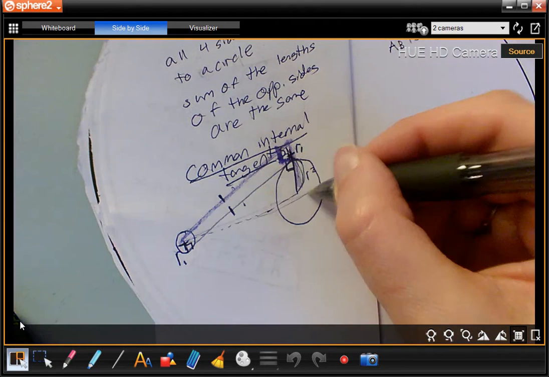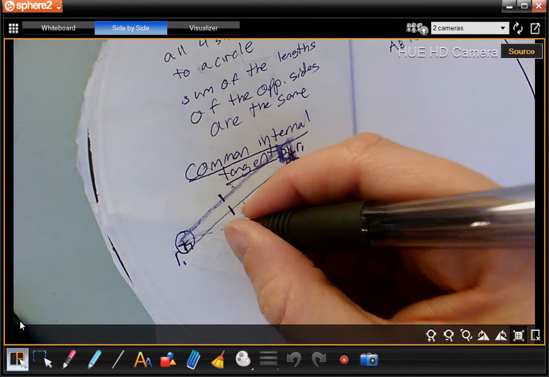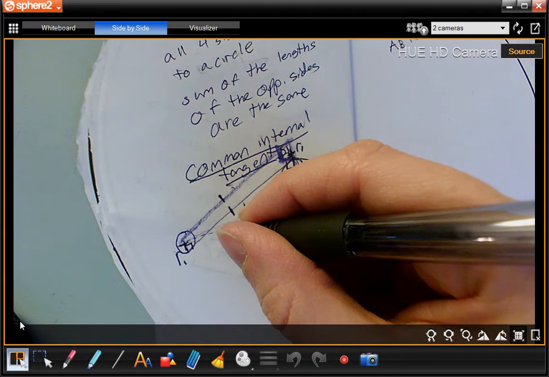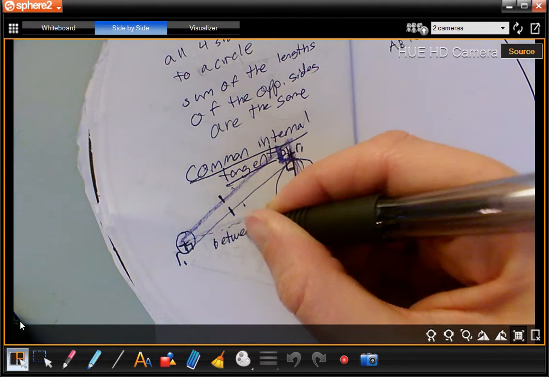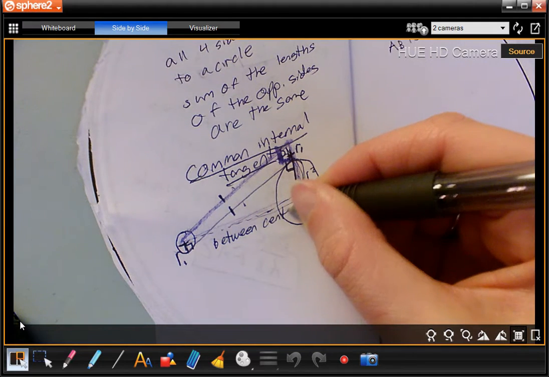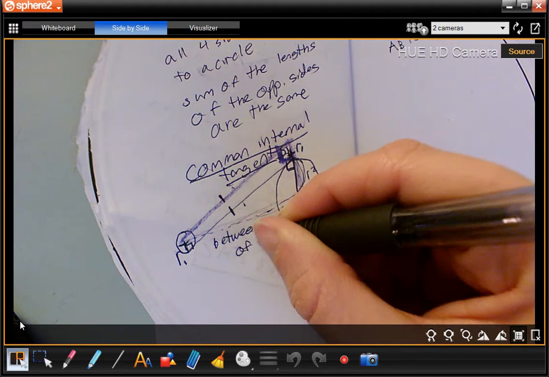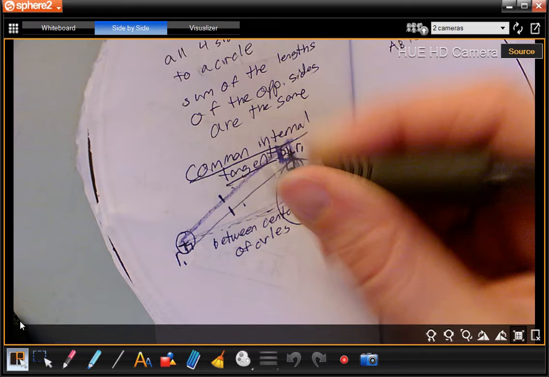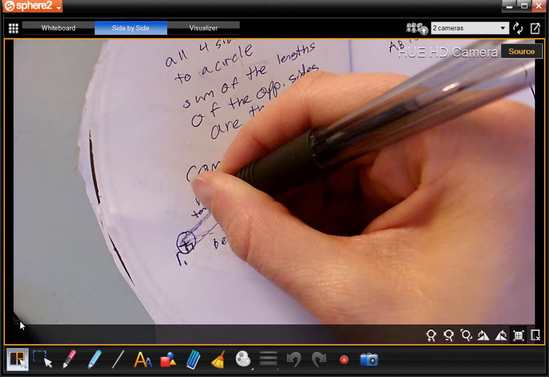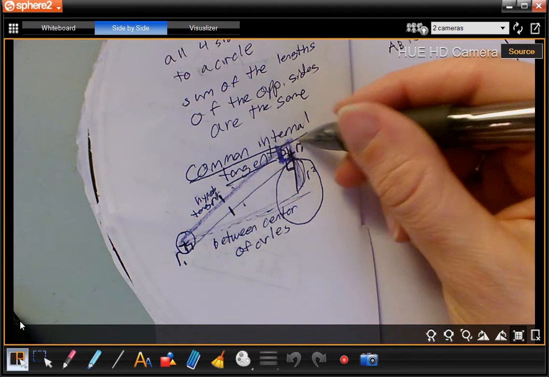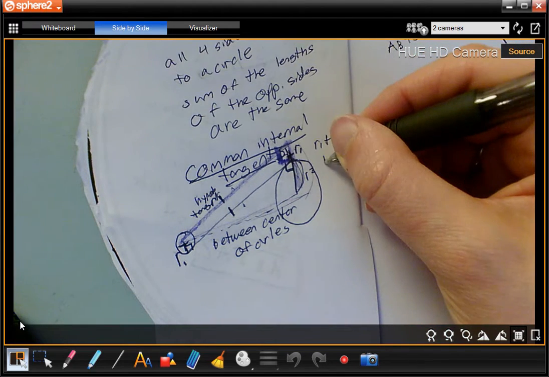So this right here is a leg. That's the distance between the two centers of circles. That's the hypotenuse or the tangent. And this right here is radius 1 plus radius 2.